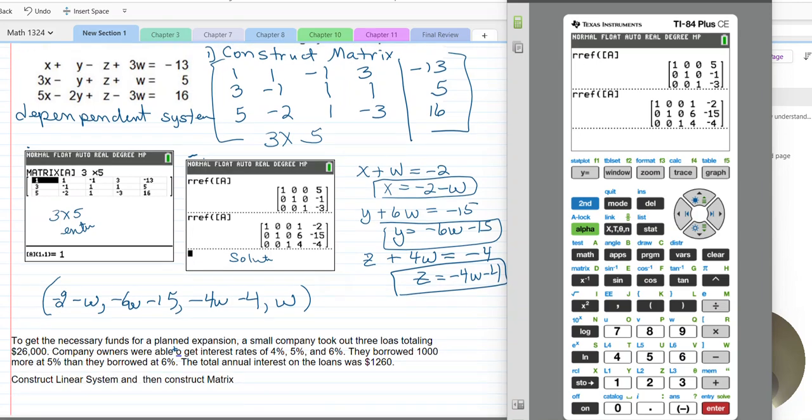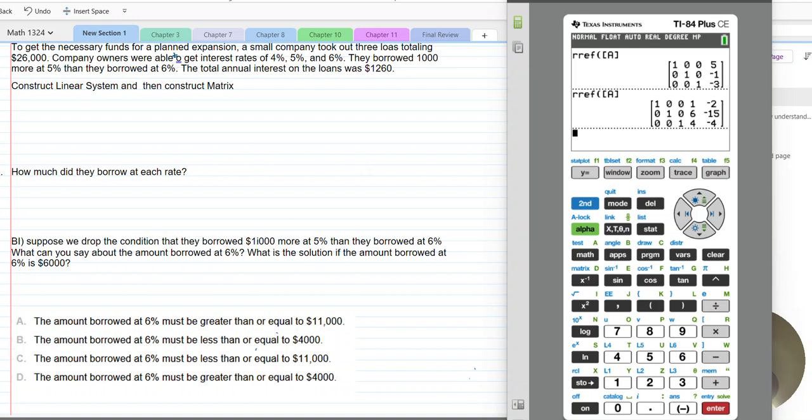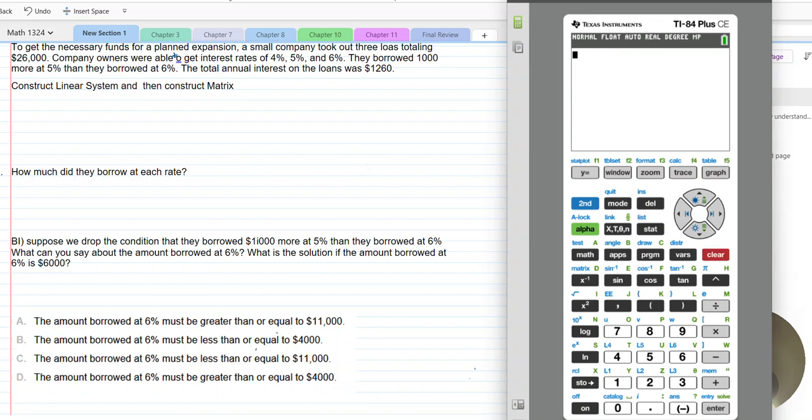All right. So now we have next our last problem here, and it is a word problem. So I'm going to clear my home screen and let's see what it says. To get the necessary funds for a planned expansion, a small company looks at 3 loans totaling $26,000.